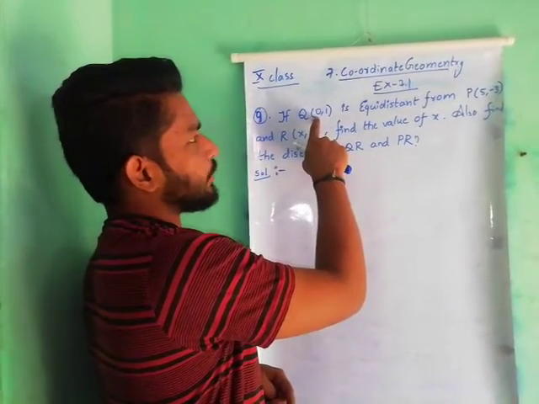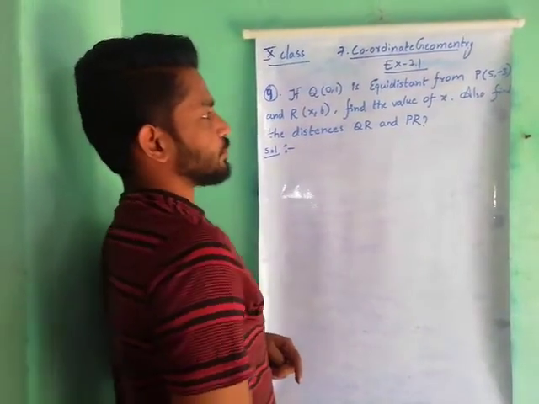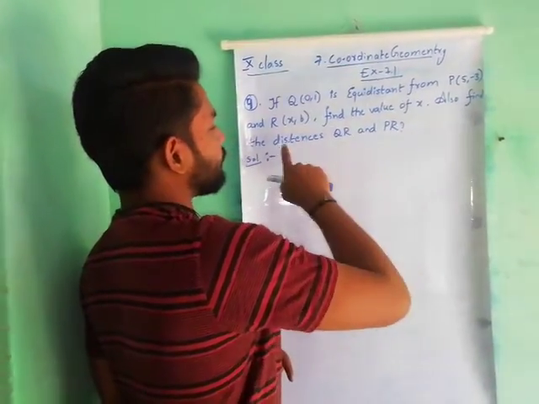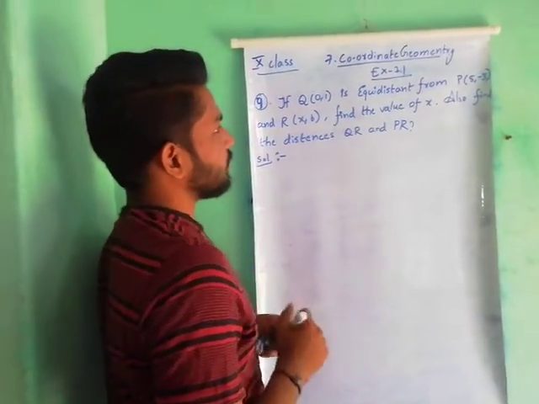Here Q is a point which is at equal distance from P and R. So we have to find the value of x and also the distances QR and PR.